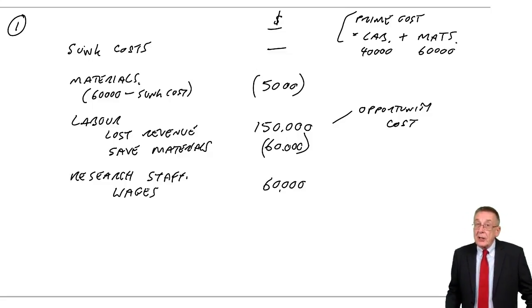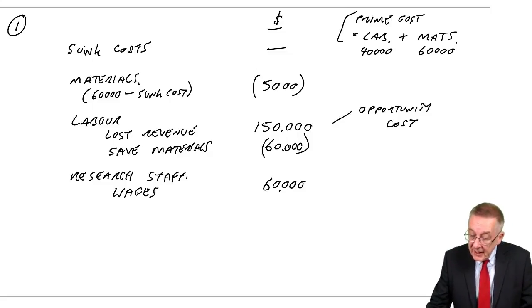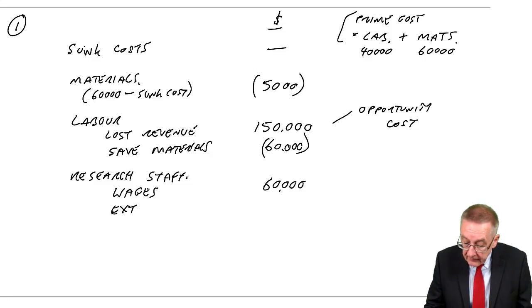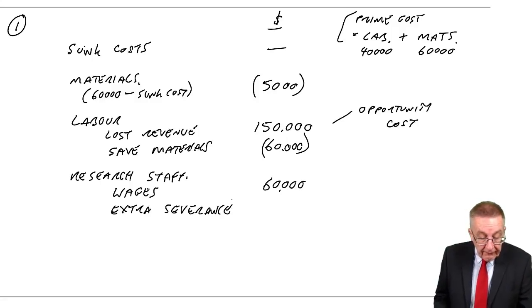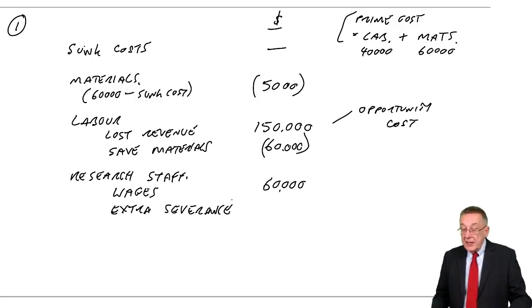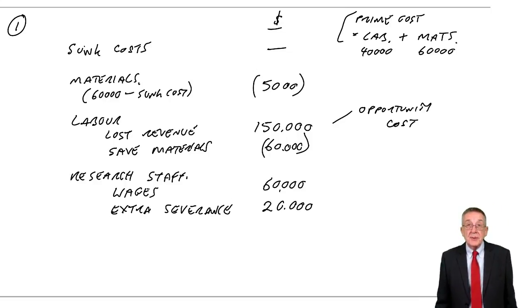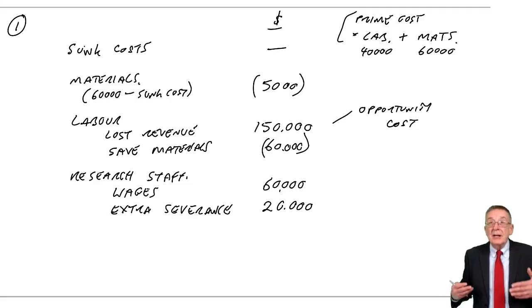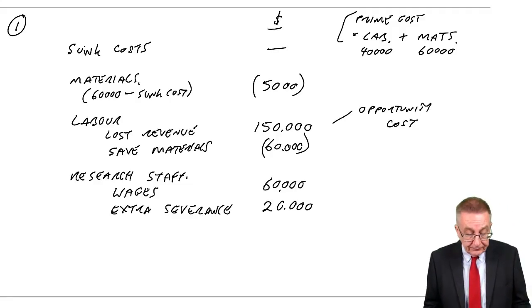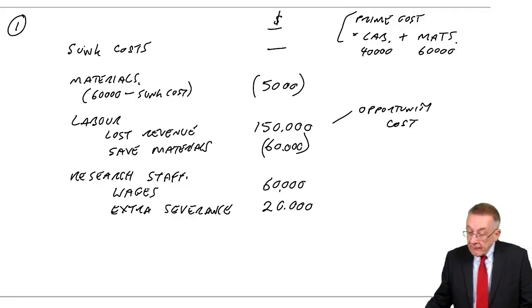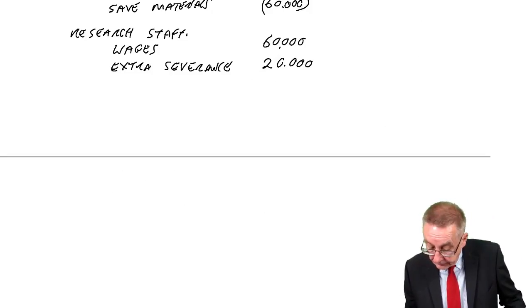The extra cost of continuing is the extra severance and redundancy pay, 15 now, 35 in a year. Continuing will cost us an extra 20,000. Remember, we want the extra cash flows to the company. Equipment.